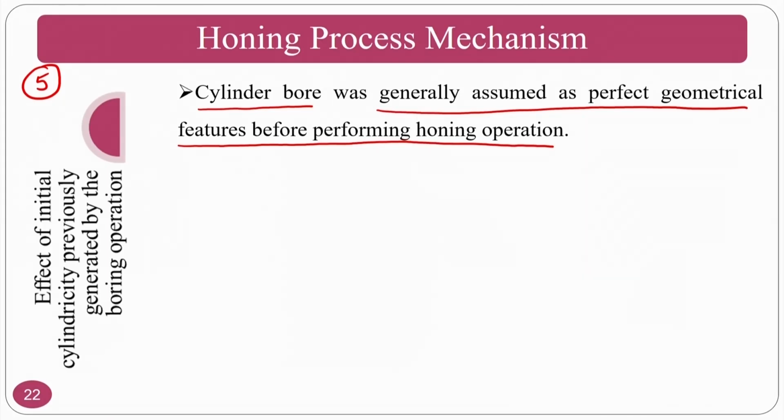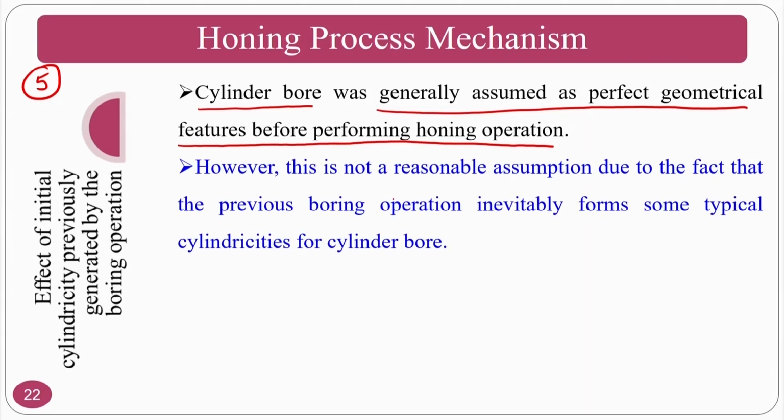In this particular case, I am assuming that the boring process is done before the honing process and it is perfectly done, but this is always an assumption, because there may be some errors, and sometimes the surface may be altered and other things.